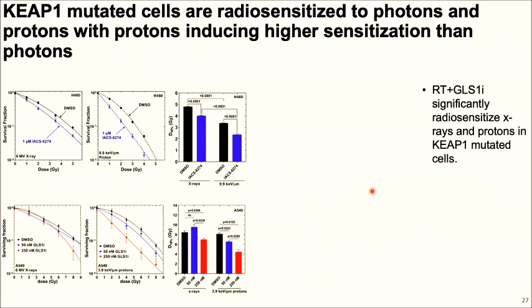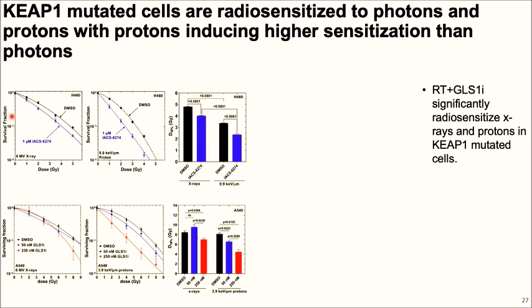In terms of radiosensitization, these figures are clonogenic cell survival. Here is the survival fraction as a function of radiation dose. The curve in black is not treated with the inhibitor, it's radiation alone. The curve in blue is radiation plus the GLS1 inhibitor, where you can see sensitization.